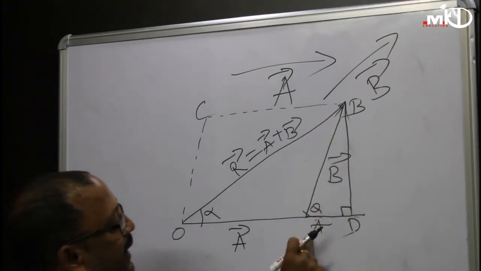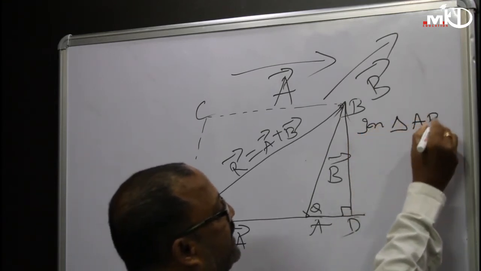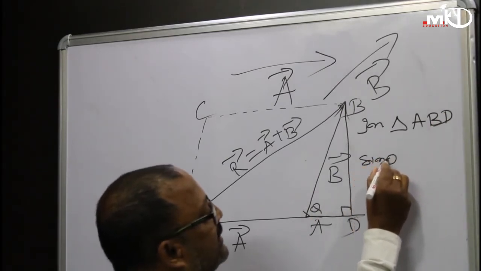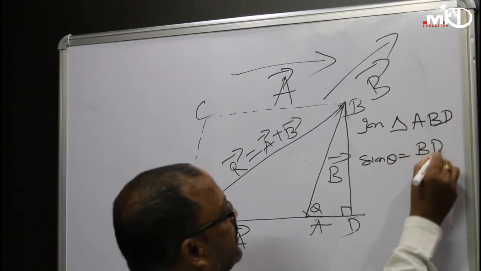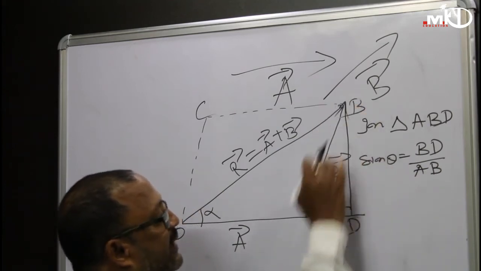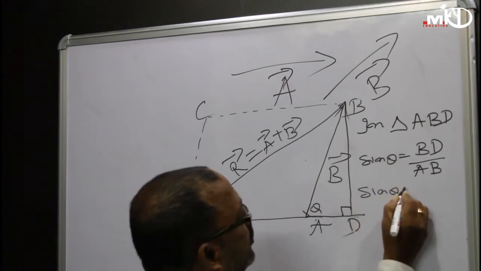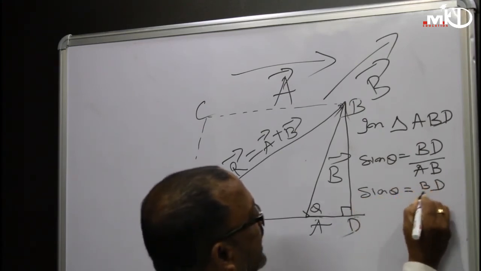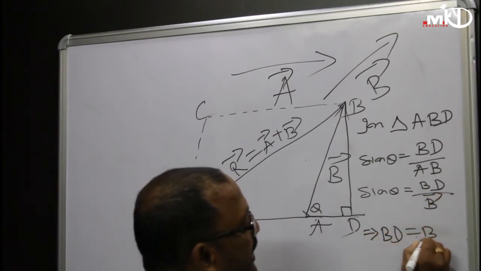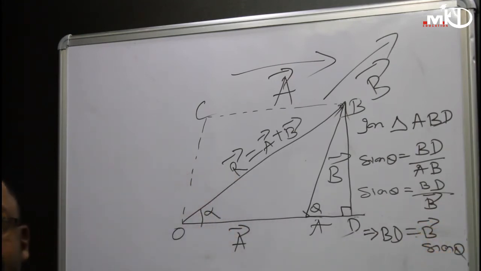In triangle ABD, sin theta is equal to BD by AB. This is the B vector. This implies sin theta is equal to BD by B, or BD is equal to B sin theta.